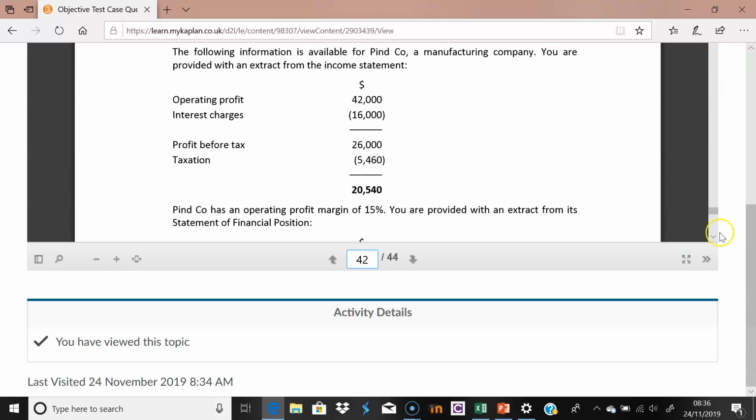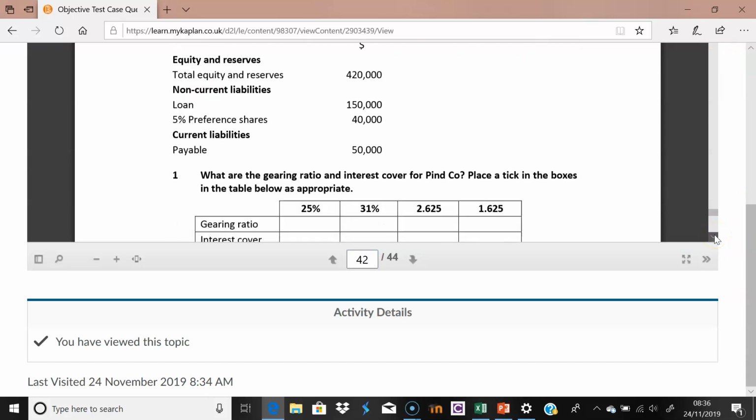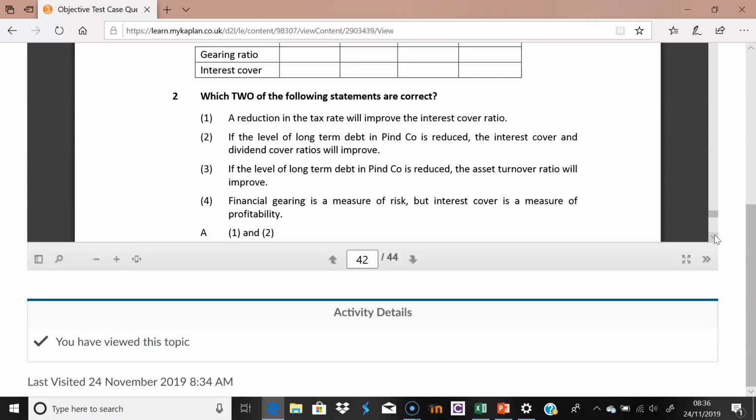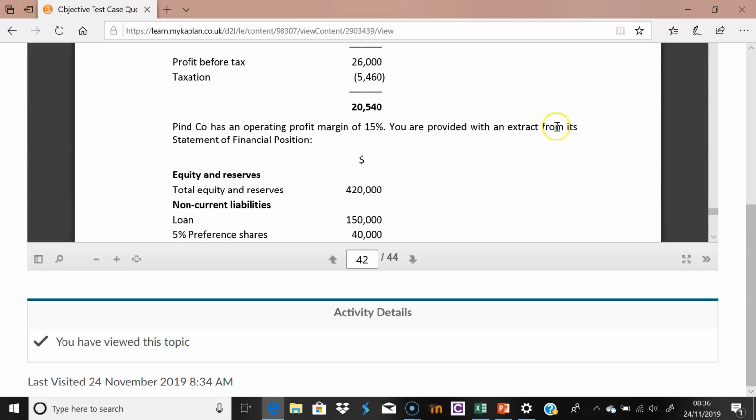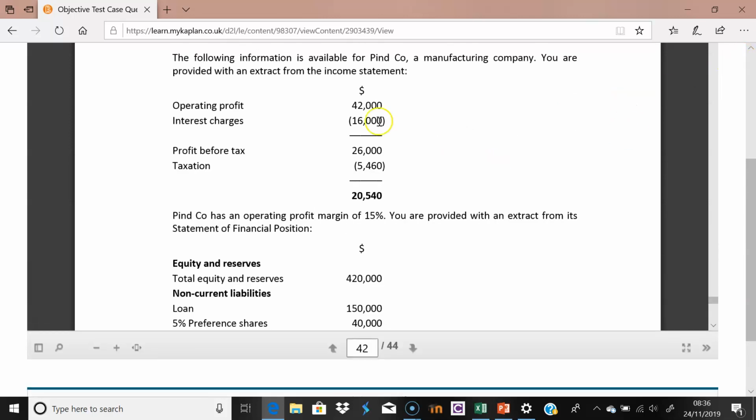So question 2 tells us, which two of the following statements are correct? A reduction in tax rate will improve the interest cover. Well, this isn't true because, as you can imagine, the interest cover happens before we tackle the question of taxation, so there's no issue there.